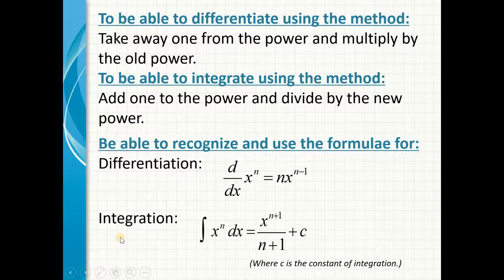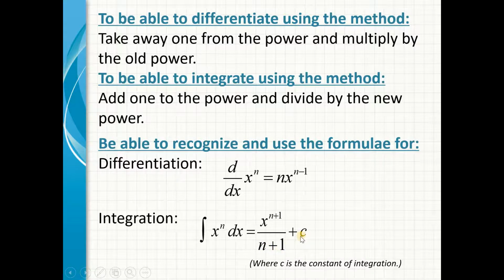But in integration, the opposite operation with differentiation has that symbol, stretched S, and if I have the sign read as integrate x up to power n with respect to x, I'm going to add 1, the opposite operation of differentiation. For differentiation, we take 1. For integration, add 1. For differentiation, we multiply by the exponent, but here divide by the exponent.